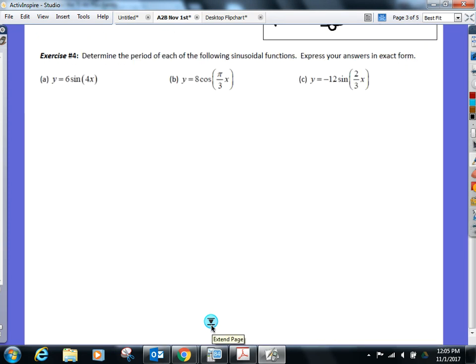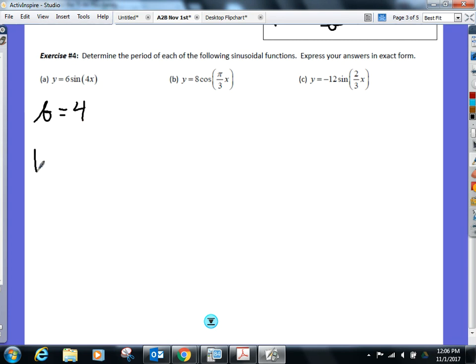Let's get into it. Braden, ready? Going into tomorrow's quiz, what's the amplitude for part A? The equation I have in part A, what's the amplitude? 6, good. What's the min and max? Okay, we're ready to go for tomorrow. What is the frequency? 4.